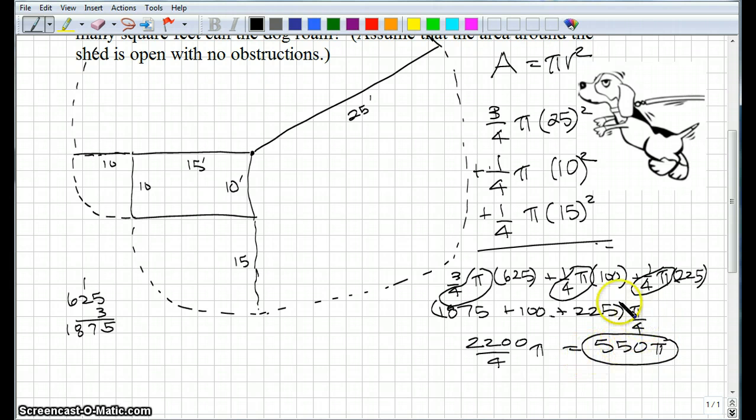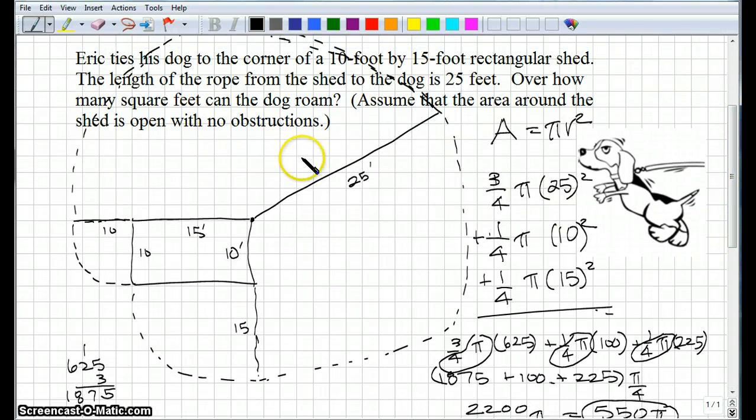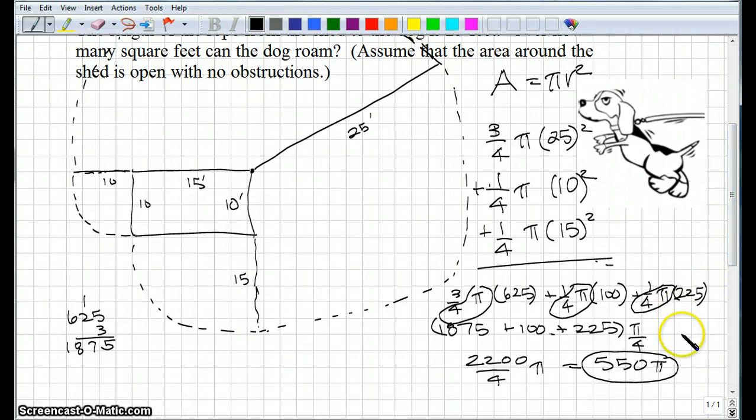It's just a matter of recognizing that the dog's rope is going to act like a radius of a circle, and so we have 3/4 of a circle with a radius of 25, a quarter of a circle with a radius of 10, and another quarter of a circle with a radius of 15. And then it's just a matter of doing the arithmetic. So there you go. The answer is 550 pi.